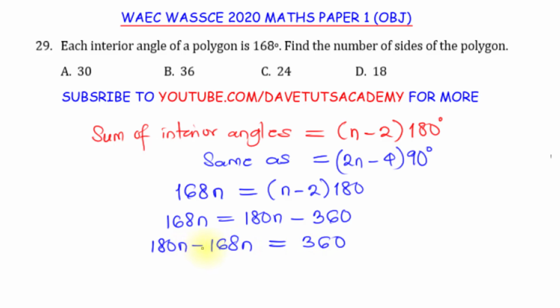Now 180n minus 168n, we have this 2, 10 minus 8 is 2, we have 7 minus 6, that is 1, okay. 12n is equal to 360, such that our n will be 360 degrees over 12, and 12 can go here 1, 12 can go here, we have 30. So the number of sides of the polygon as requested is going to be 30, and in that case, option A, 30, is the correct solution to this question.